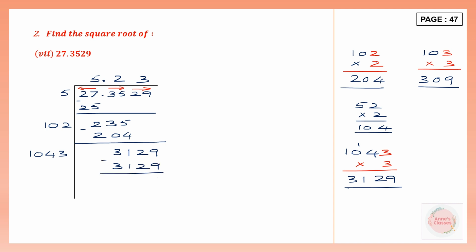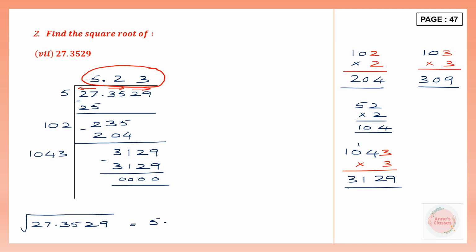When you minus, you will get 0. So what is our quotient? Our quotient is 5.23 and that is our answer. So let's write the square root of 27.3529 is 5.23. So this is our answer, 5.23.